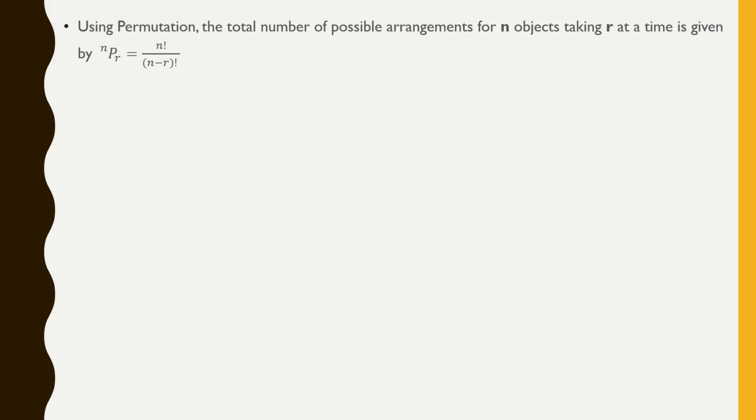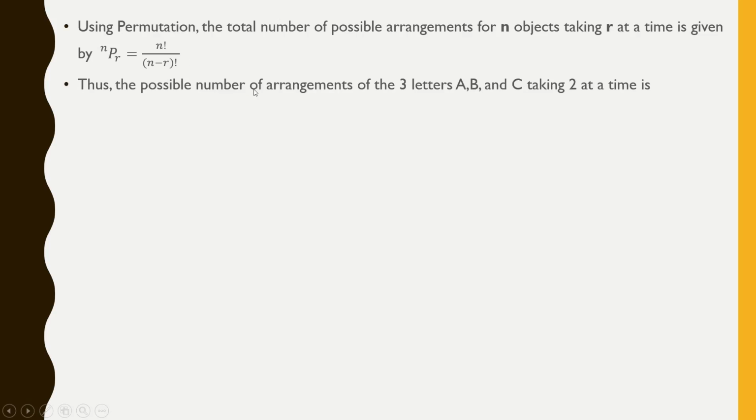Now what is permutation? Using permutation, the total number of possible arrangements for n objects taken r at a time, where n should always be greater than or equal to r, is given by nPr. nPr is given by n factorial by n minus r factorial.